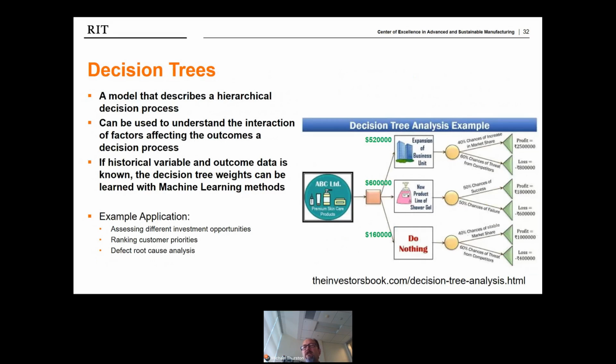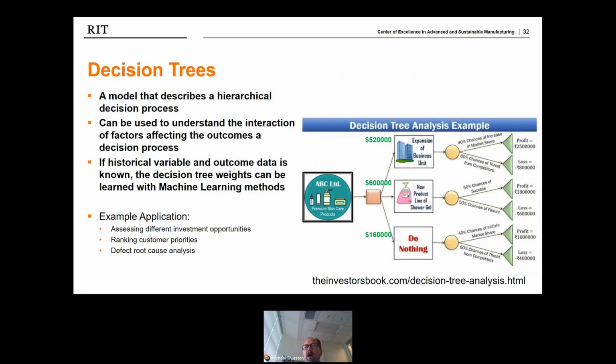So as I said, this is a simple example. For very complex decision trees, it can be difficult to establish these outcome probabilities. However, if you have historical data available from the outcome of previous similar decision processes, machine learning methods can be used to learn the decision tree weights automatically.